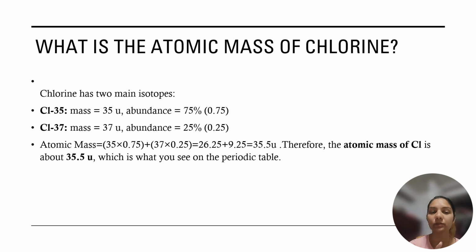So the atomic mass of chlorine is 35.5 U in your periodic table sheet. When you look at your periodic table, you find that they have mentioned chlorine 35.5 over there. Clear? जब कभी भी आप calculation करते हो in order to prepare a solution or something, you are considering the average mass, not the isotopic mass.